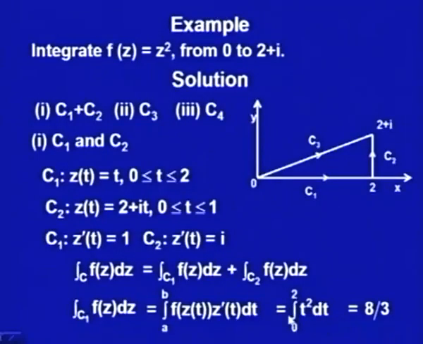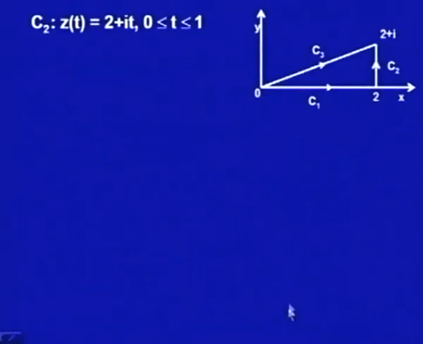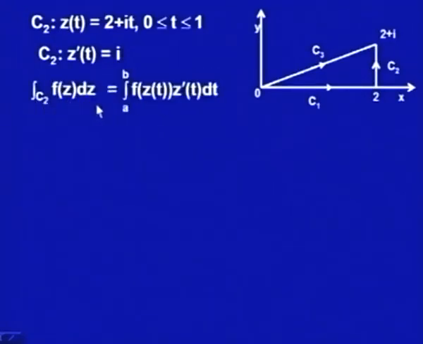Now come to the second contour. My contour C2 is z(t) equal to 2 plus it for t from 0 to 1, and z dash t was i. Again using the definition, the integral along the contour C2 of f(z) dz would be the integral from a to b of f(z(t)) z dash t dt. Now substitute it.